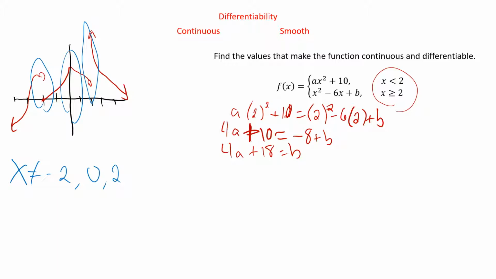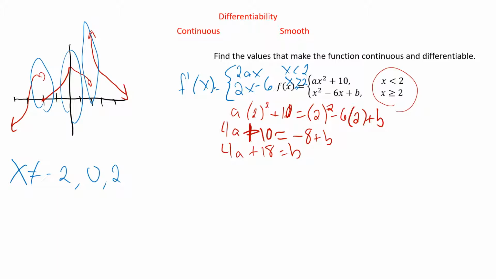So if we're looking at f prime of x, it's going to be 2ax plus 10s when x is less than 2, and 2x minus 6 for x is greater than 2. We're going to make it so that this is equal, so we could have an or equal to there, but we don't stick with the derivative for very long.